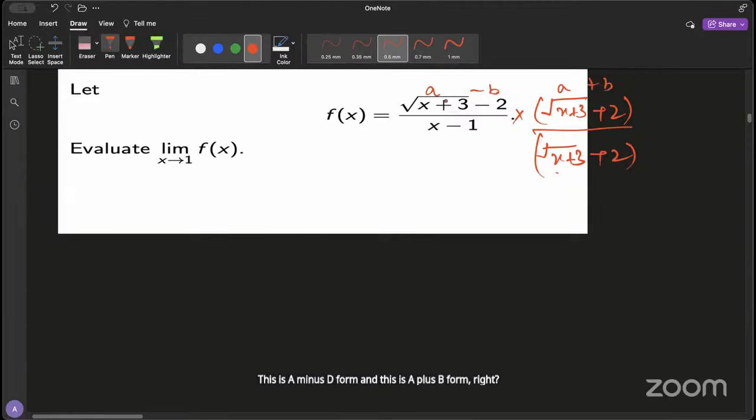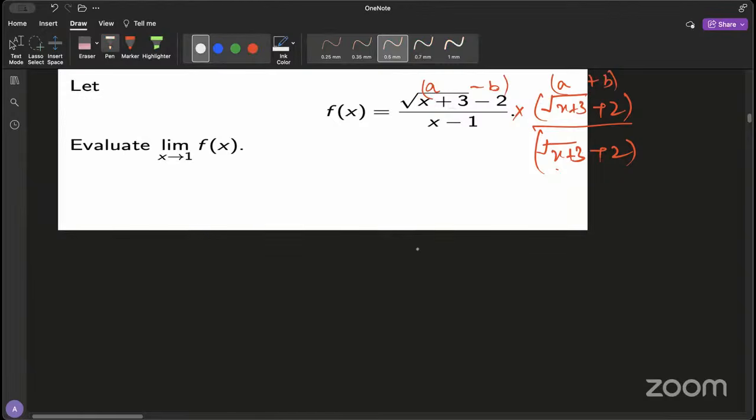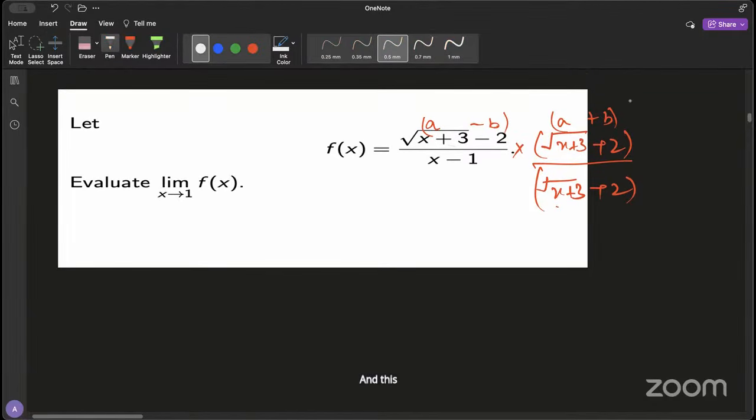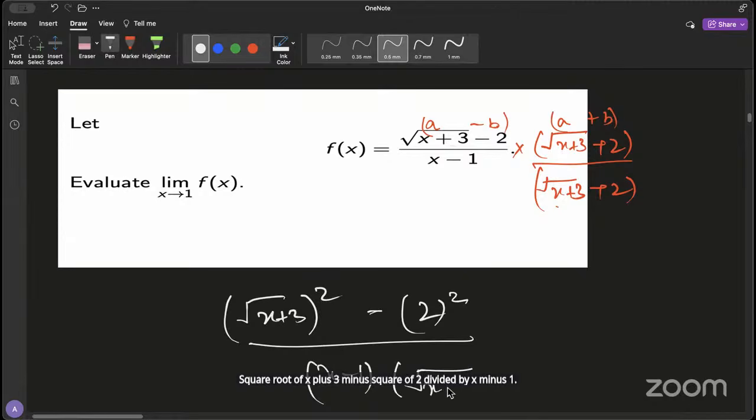If you take a to be square root of x plus 3 and b to be 2, then a minus b multiplied with a plus b gives a square minus b square. So this gives the square of square root of x plus 3 minus the square of 2, divided by x minus 1 times square root of x plus 3 plus 2.